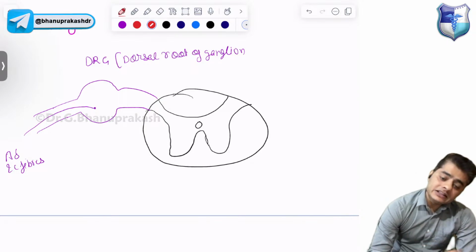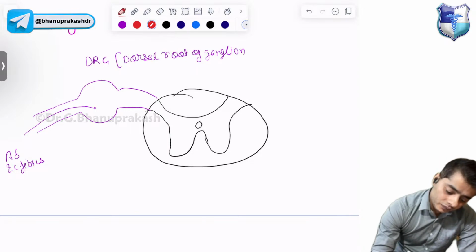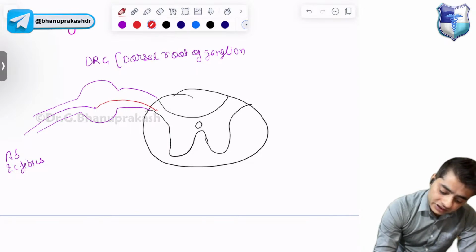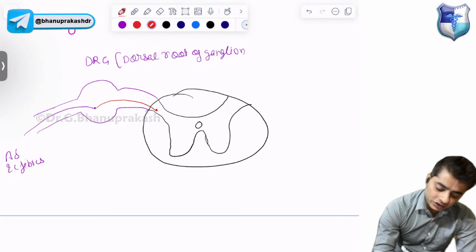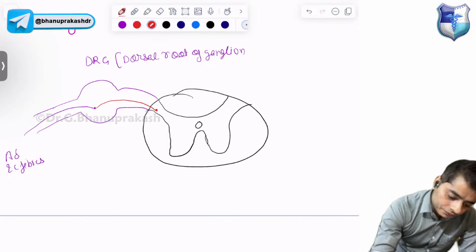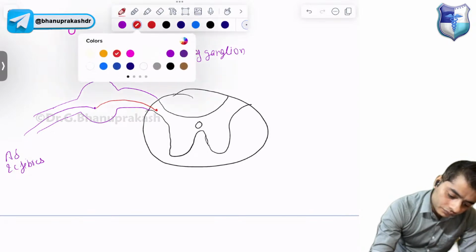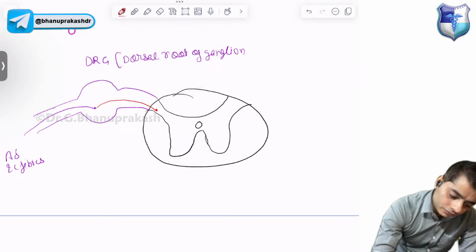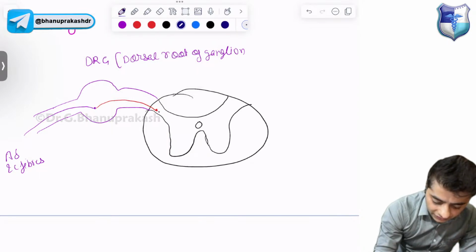From A delta and C fiber, the first order neuron will arise and go to this area, the substantia gelatinosa. From here, the second order neuron will arise.